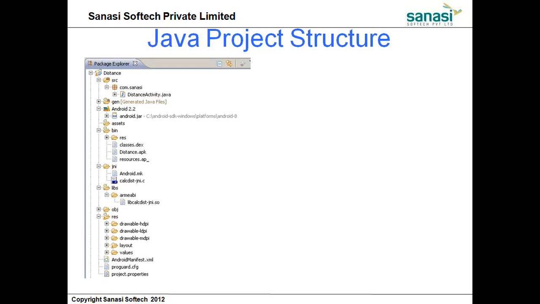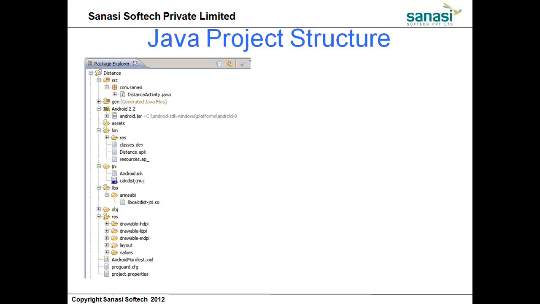Inside the jni folder there is at least one specific file that must be available in case you want the project to work correctly, and that file is called android.mk. There are some settings inside this file, and of course there is the C file itself, which contains part of the project's code. So we have got the source code in Java, and we have got the source code in C.